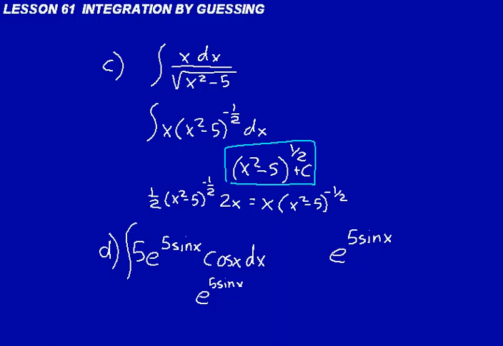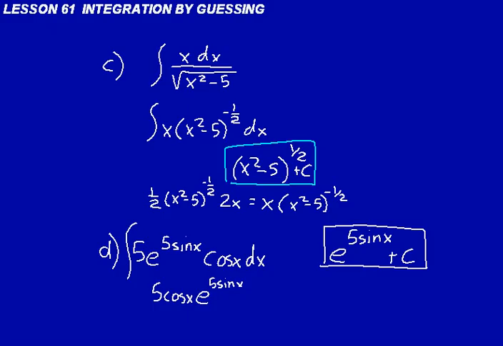Now that is a composite function, so then we take the derivative of 5 sine x and multiply by that. So that would be 5 cosine x. I'll just put that out front: 5 cosine x e to the 5 sine x. So that is the same thing. E to the 5 sine x was a good guess. Add plus c on the end. There's our indefinite integral.